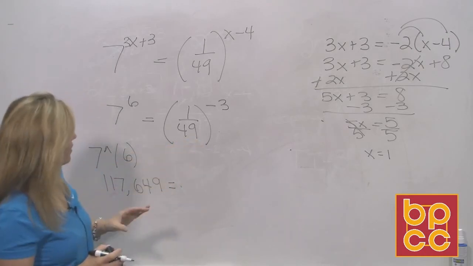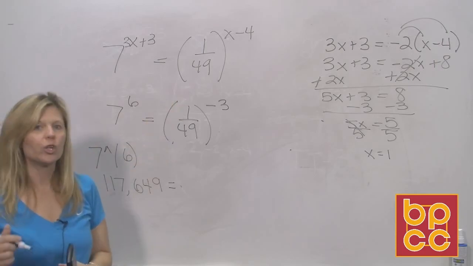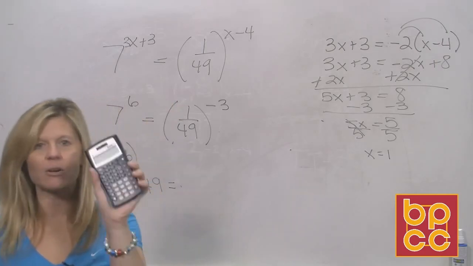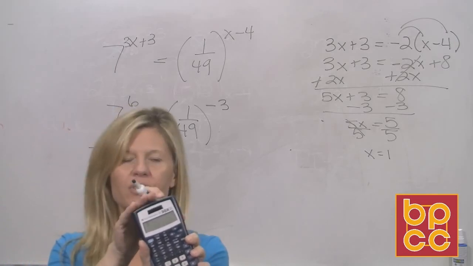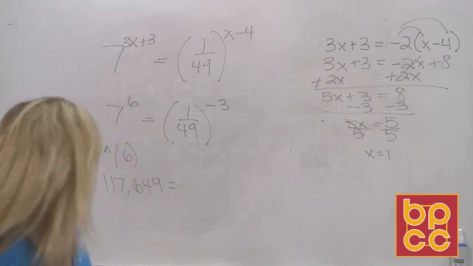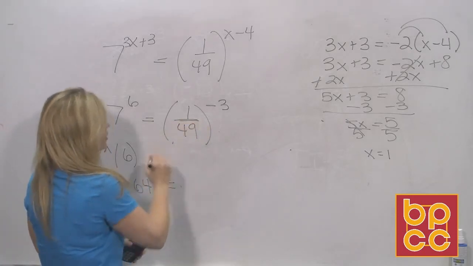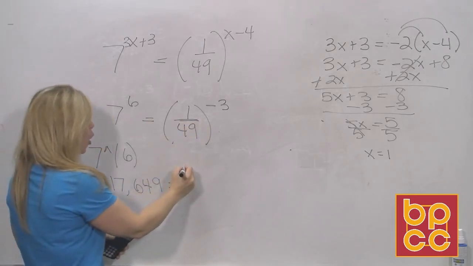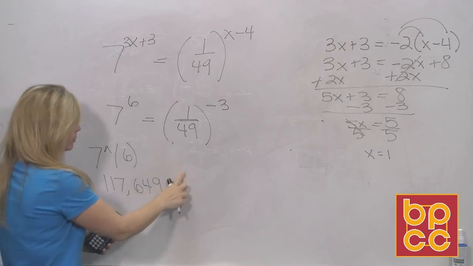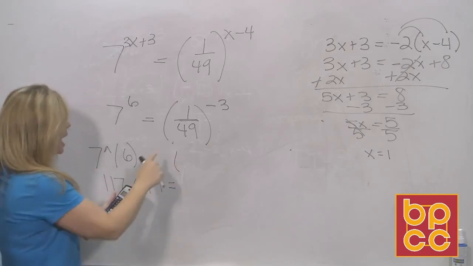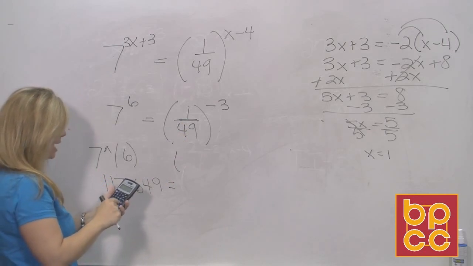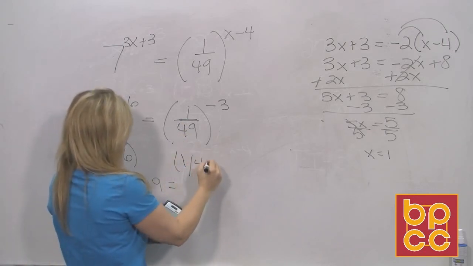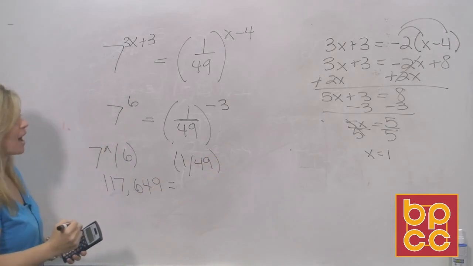Now, on the left side, the base is a fraction. What you got to know about typing in your calculator is anytime you type a fraction in a calculator, it has to go in parentheses. Okay? This bar means division. So when I type this in, I'm going to open parentheses. I'm going to type 1 divided by 49 and close parentheses. And that shows I put a fraction in.